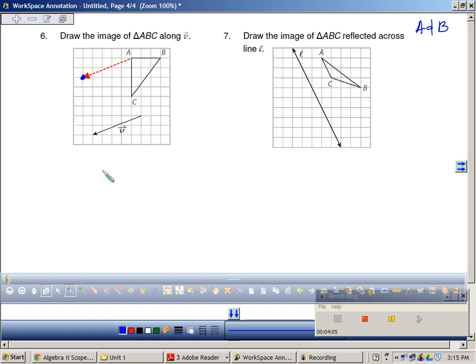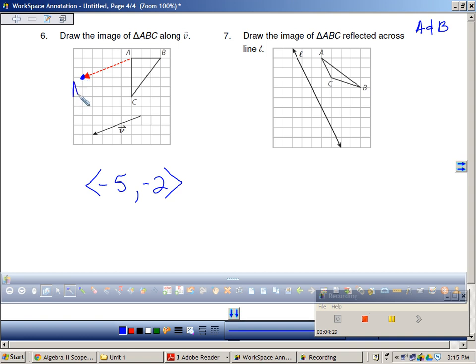What would this component form be? No, component form of this vector. 5, negative 5, negative 2. Good, Michael. Right? I'm going back 5 and down 2.